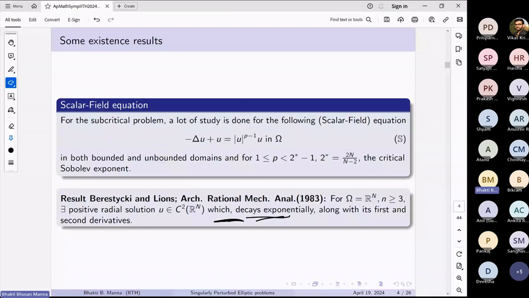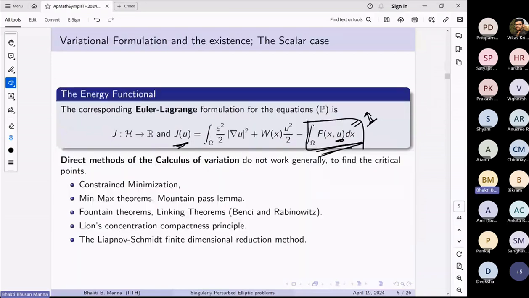Next, another important one is the min-max theorem, which is the mountain pass theorem. As I said, for this kind of problem there is an issue of compactness of this particular functional, and one of the conditions for the mountain pass theorem is a kind of added compactness, which is called the Palais-Smale condition.